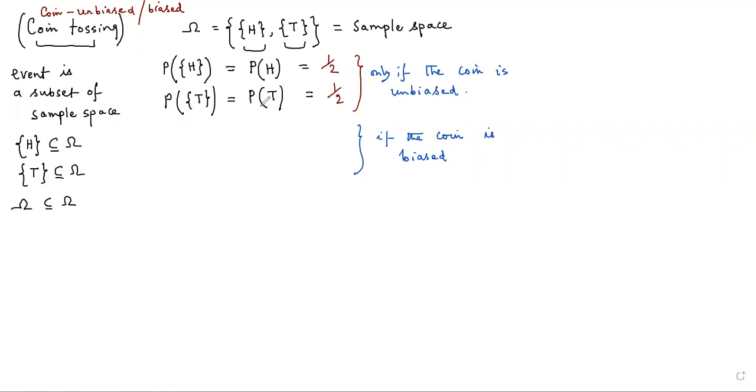You may be doing an experiment in a room where the humidity is high, or suppose the air friction is very poor, or suppose the coin is minutely broken on one side, which is not seen by the naked eye immediately, or maybe during manufacturing the coin is made heavier at one end.